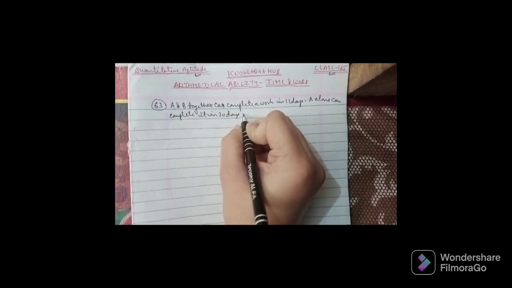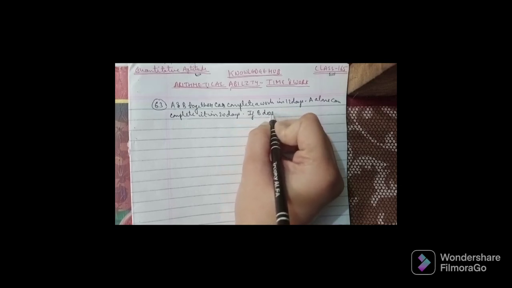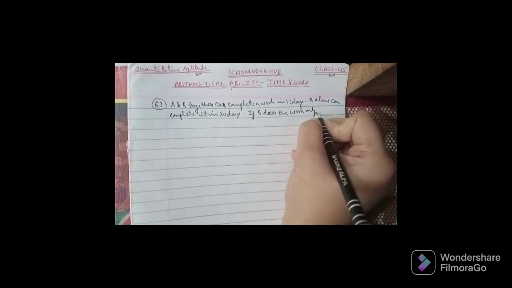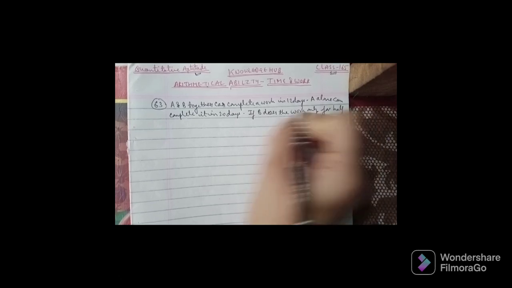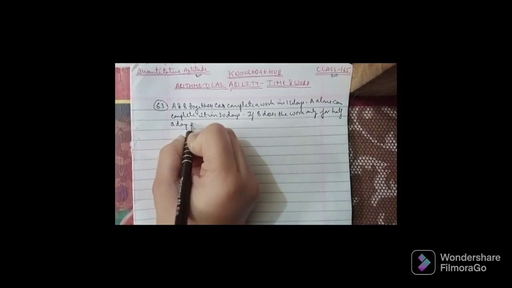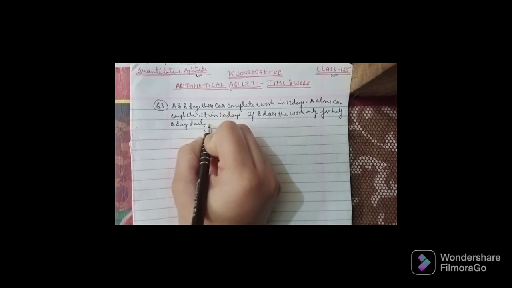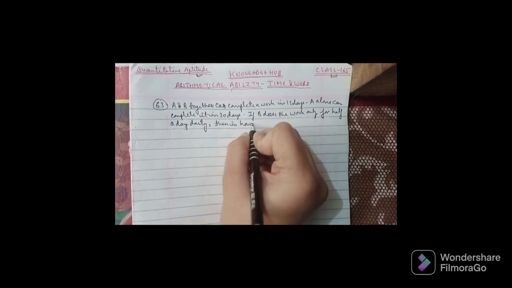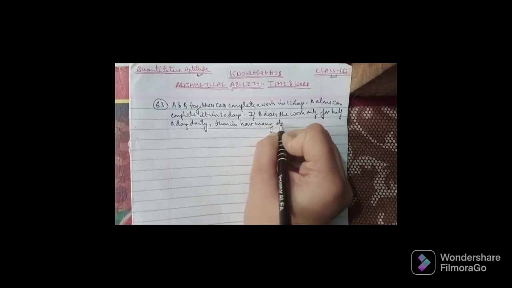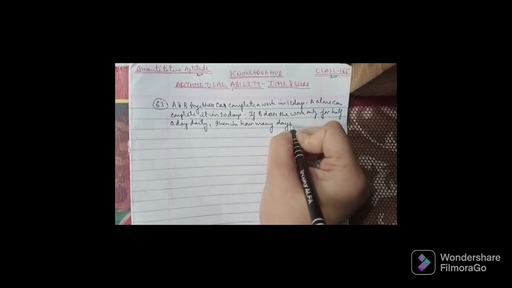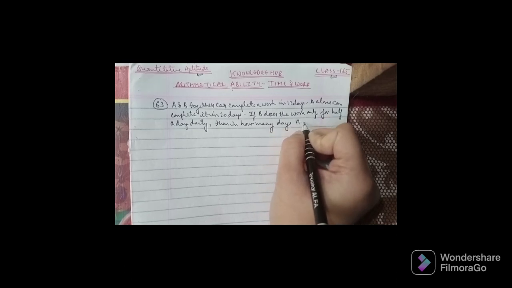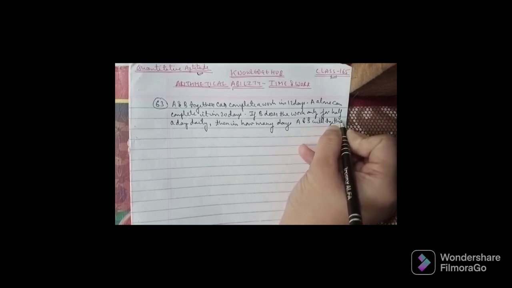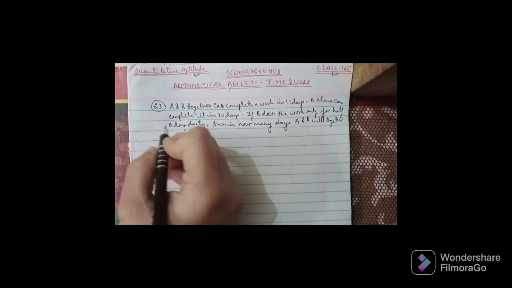If B does the work only for half a day daily, then in how many days will A and B together complete the work?